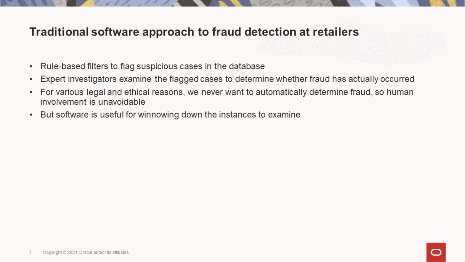Thanks, Sajith. So let's first talk about what the traditional approach is. So Sajith sort of mentioned it already. What retailers usually do is they use rule-based filters in software to flag the suspicious cases in the database. And then after that, expert investigators at the retailer examine these cases to determine whether fraud has actually occurred.